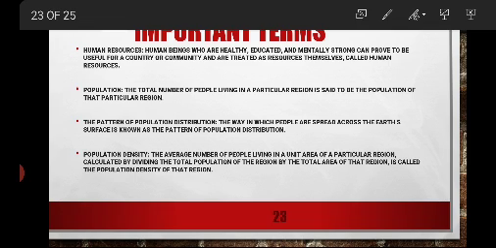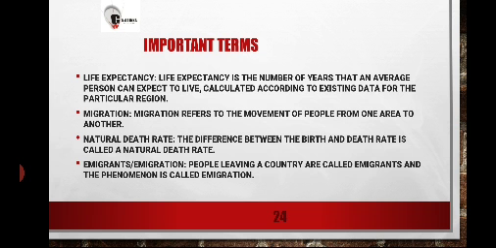Population talks about the total number of people living in one particular region. Pattern of population distribution talks about the way in which the people are spread across the nation, clear, or the world. Population density means the number of people living in a unit area or a particular region.